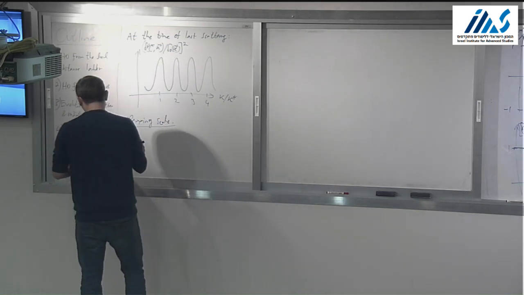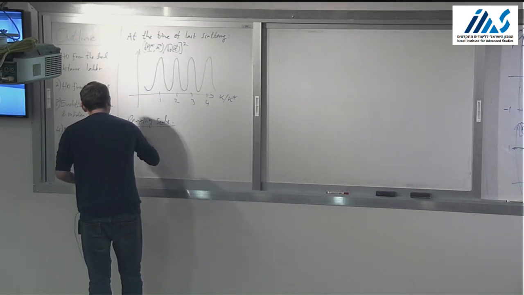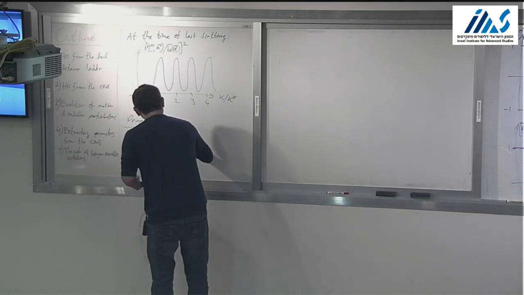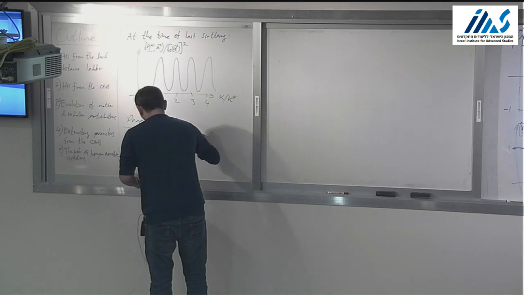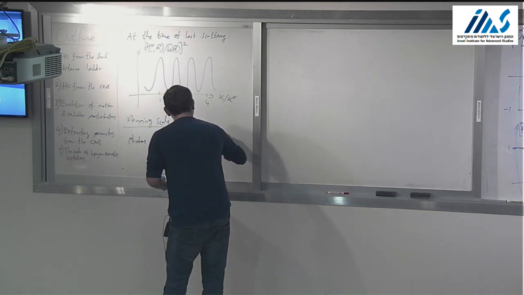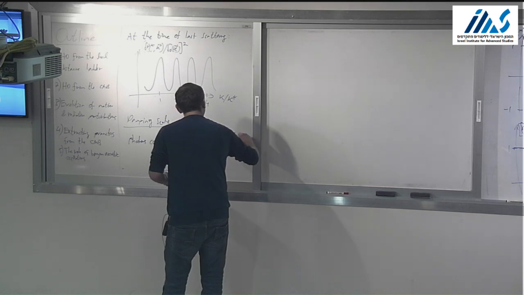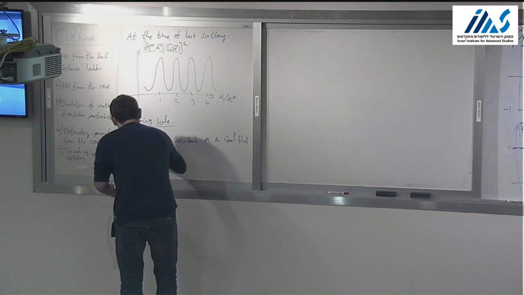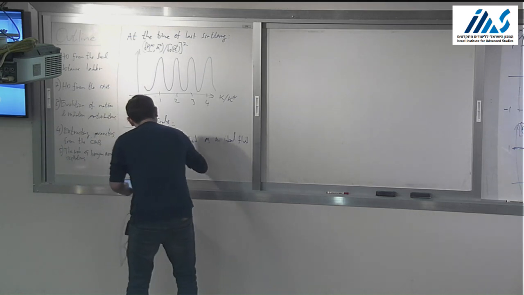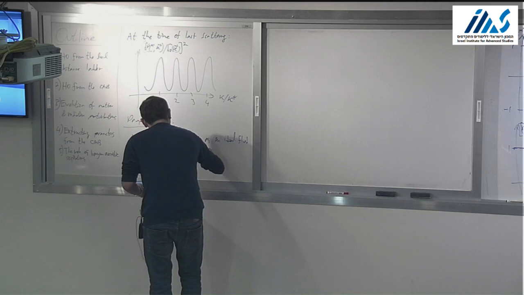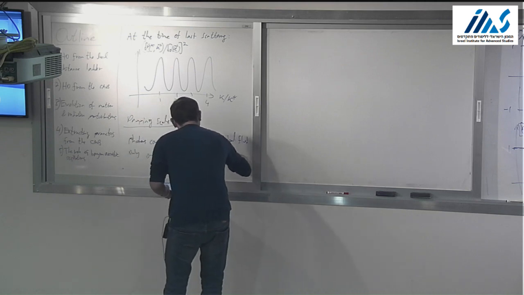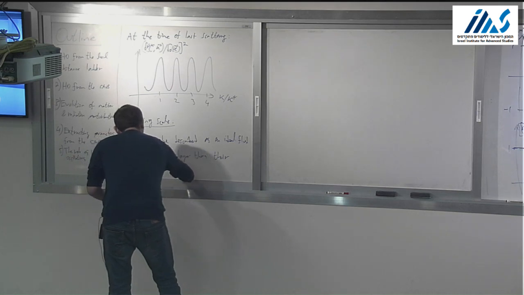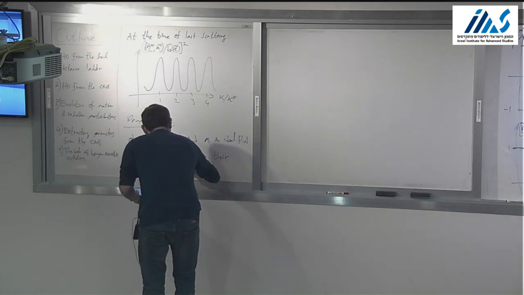Okay, so damping scale. Photons can be described as an ideal fluid, like we described them, only on scales larger than their comoving mean free path.